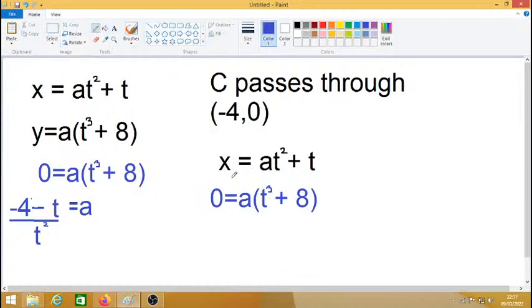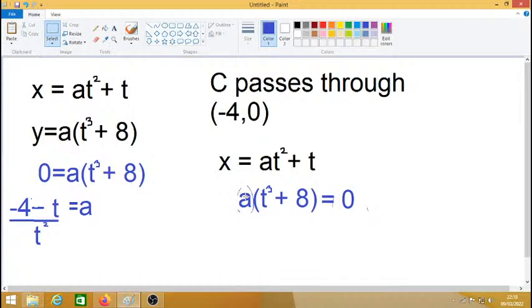If you've got two brackets multiplied by each other to make 0, one of those two brackets has to be 0. So let's put the equals 0 onto this side.